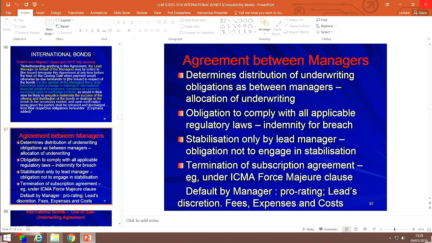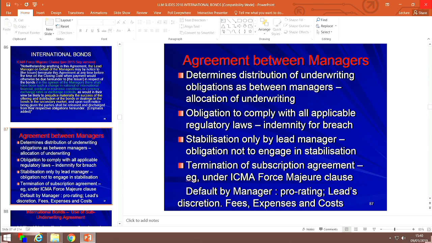So that's the third objective of this agreement between managers. And then there are top-up things such as the right to terminate the subscription agreement under the ICMA force majeure clause.